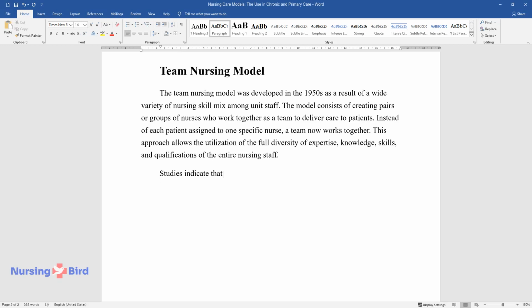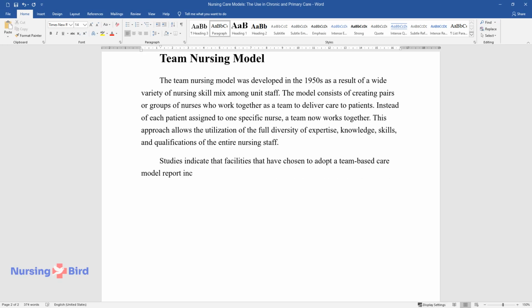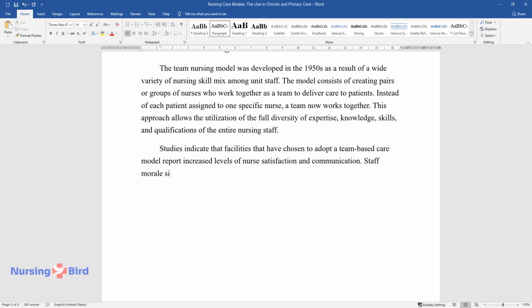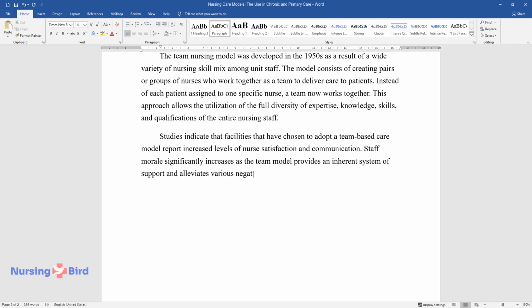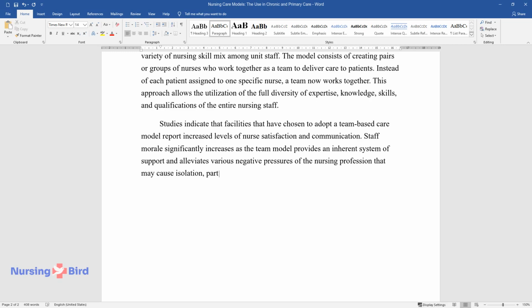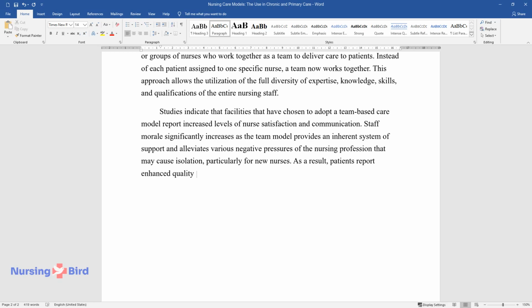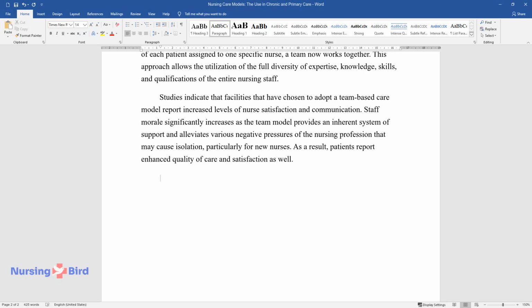Studies indicate that facilities that have chosen to adopt a team-based care model report increased levels of nurse satisfaction and communication. Staff morale significantly increases as the team model provides an inherent system of support and alleviates various negative pressures of the nursing profession that may cause isolation, particularly for new nurses. As a result, patients report enhanced quality of care and satisfaction as well.